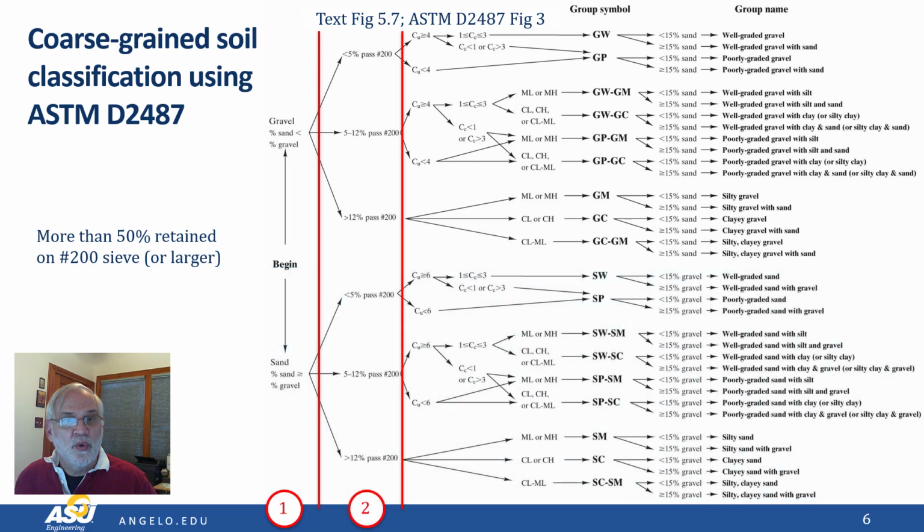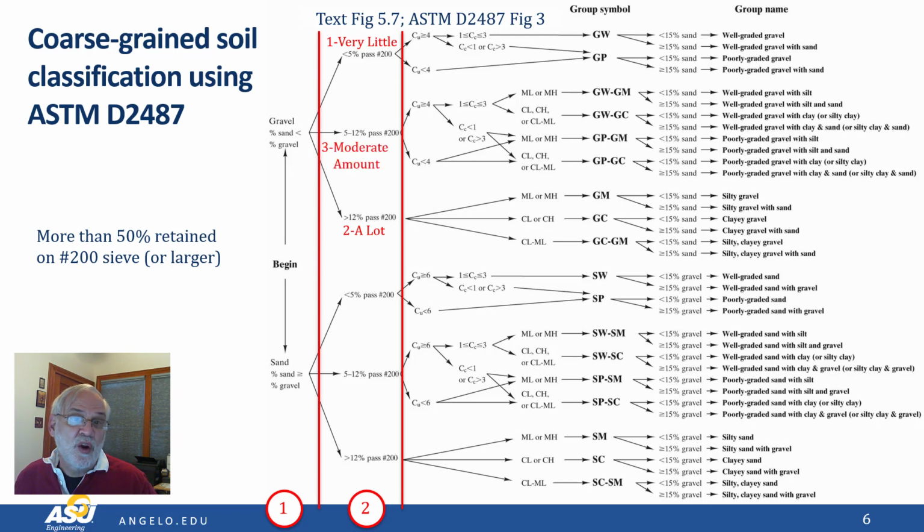The second question we'll ask is how much fine material is there in the soil? If less than 5% passes the number 200 sieve, then it's a category 1 soil with very little fines, a clean sand or gravel. If more than 12% passes the number 200 sieve, then it's a category 2 soil with a lot of fines.